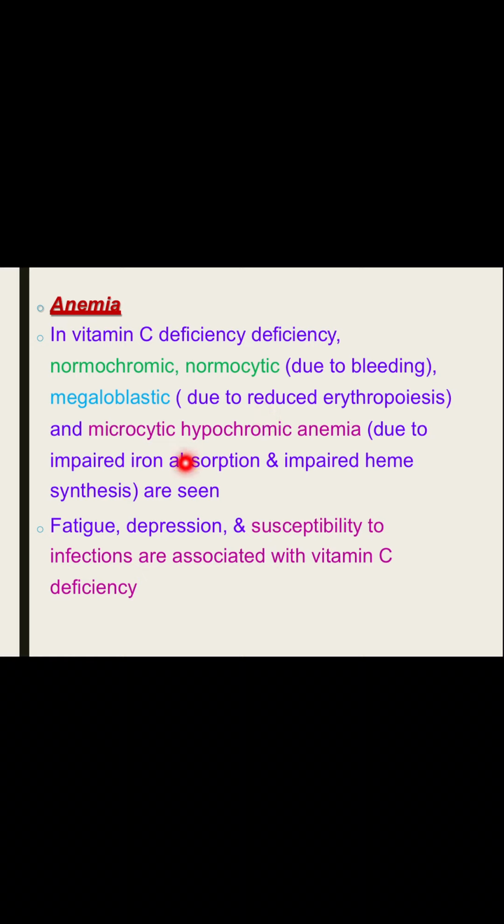So 3 types of anemias due to different reasons. On the whole, you can just say that there is anemia in vitamin C deficiency due to bleeding or due to reduced erythropoiesis due to reduced iron absorption and heme synthesis. Fatigue, depression and susceptibility to infections are associated with vitamin C deficiency.